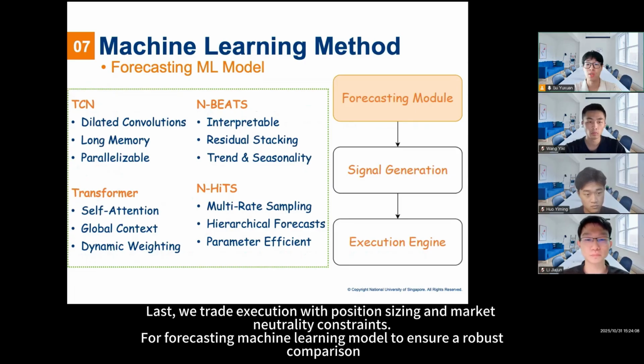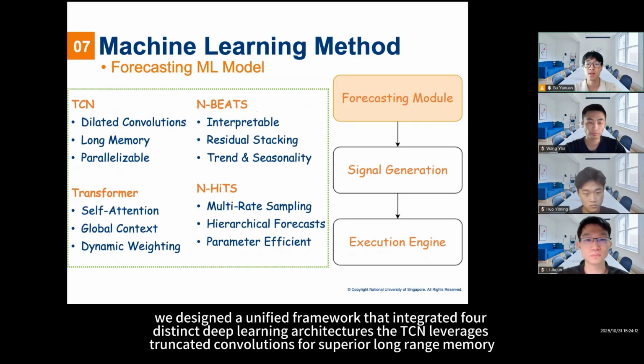For the forecasting machine learning model, to ensure a robust comparison, we designed a unified framework that integrates 4 distinct deep learning architectures. The TCN leverages dilated convolutions for superior long-range memory.